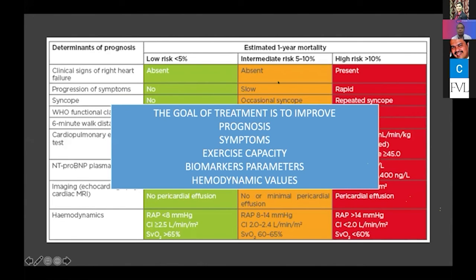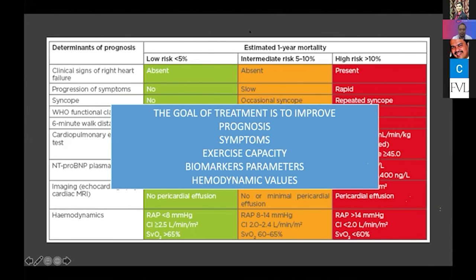And if you are in the orange color, you want to treat your patient up to the yellow color. So the goal of treatment is to improve your prognosis, your symptoms, your exercise capacity, your biomarker parameters, and also your hemodynamic values.